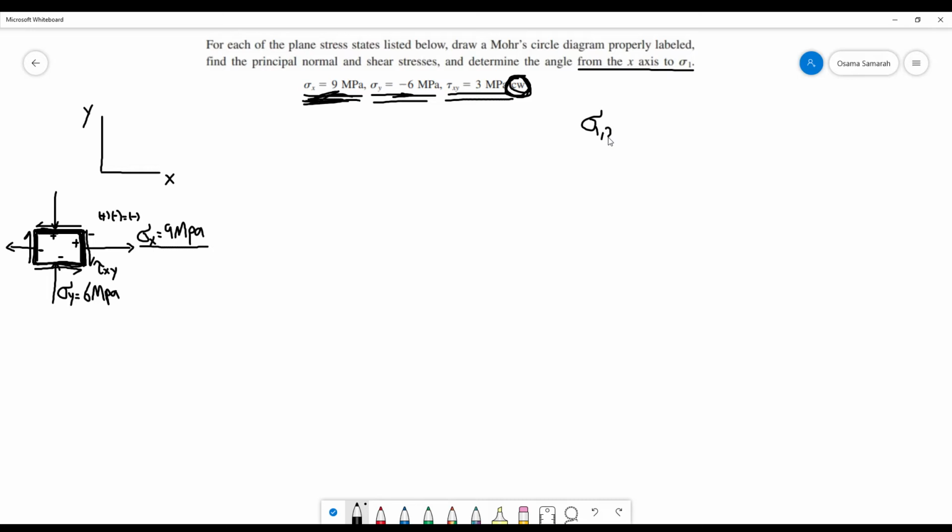So sigma 1, 2 is going to be equal to sigma x plus sigma y over 2 plus or minus the square root of sigma x minus sigma y over 2 squared plus tau xy squared.